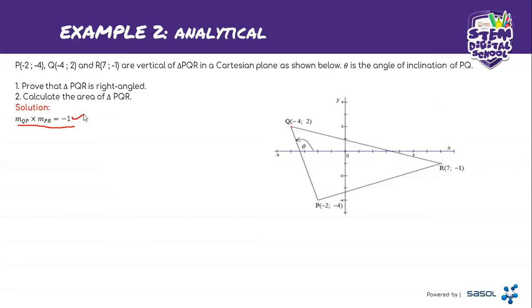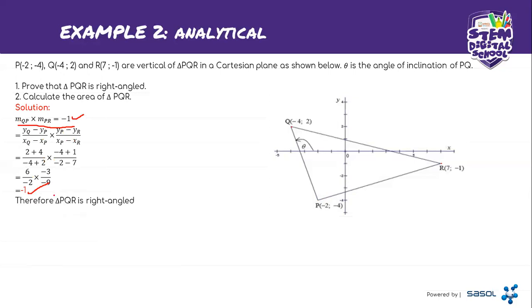Now let's see if we can calculate that. All right, this is the gradient of QP, and then this is the gradient of PR, and from there we can now substitute the values, and then press your calculator and see how much you're going to get. Then the answer that we are having now is -1, and therefore triangle PQR is a right angled triangle.